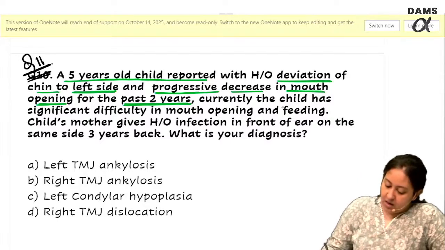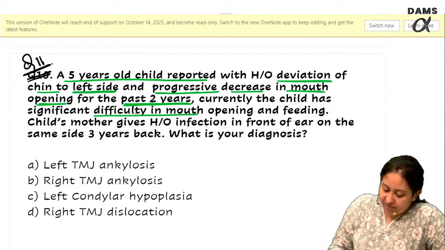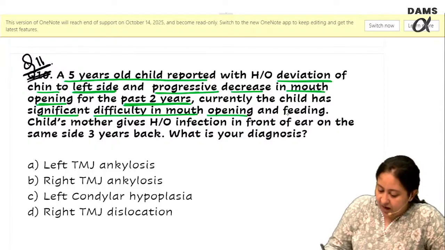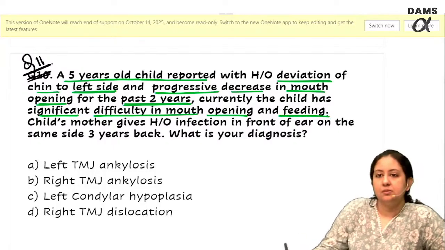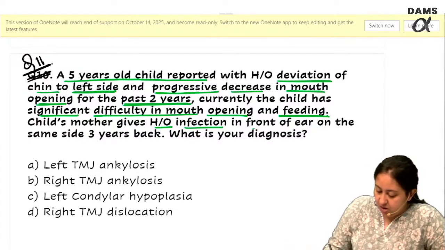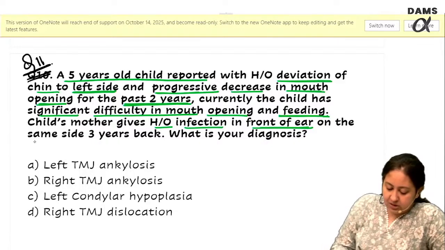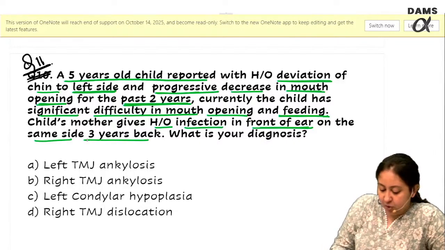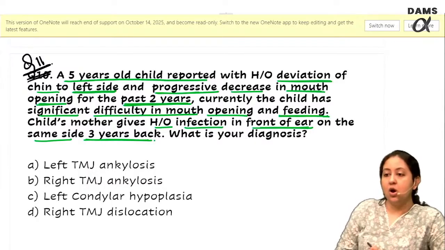Currently child has significant difficulty in mouth opening and feeding. Child's mother gives history of infection in front of the ear on the same side, 3 years back. What is your diagnosis?